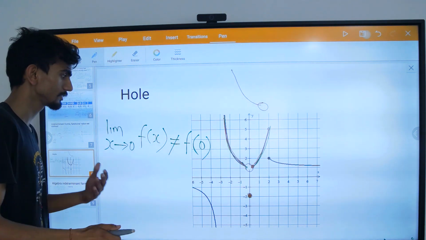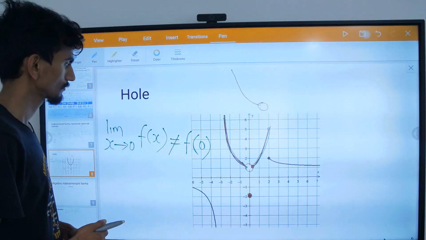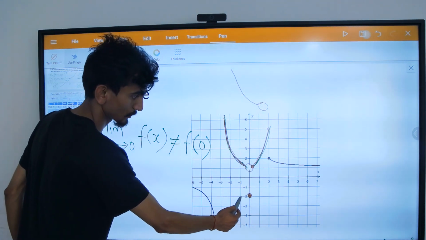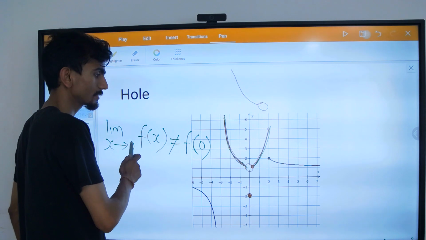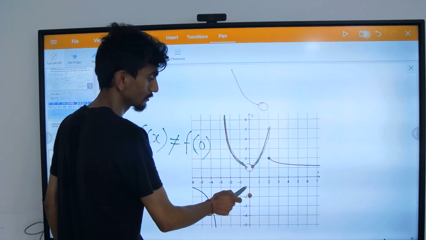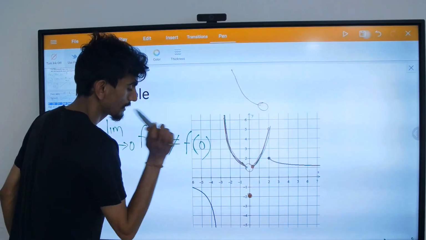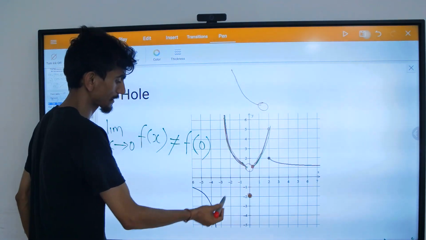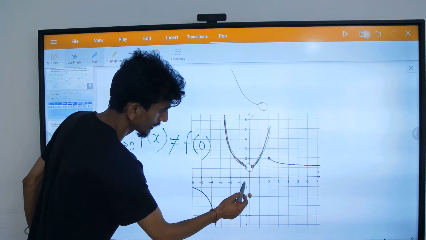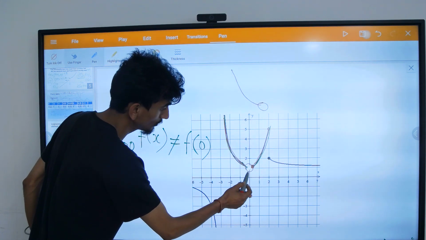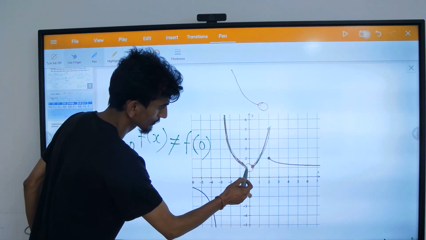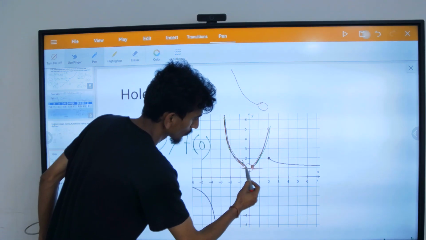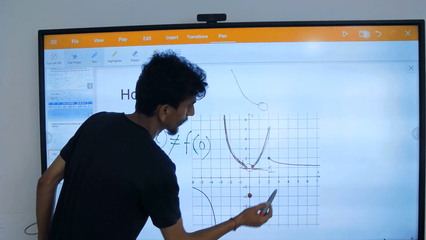In this case also it's useful to find the limit of the function. If you see, the function value at x equals 0 is minus 2. But is the limit of this function as x tends to 0 equal to minus 2? No. Let's write the limit. When x is approaching 0 from this side, the function value is getting close to 1.